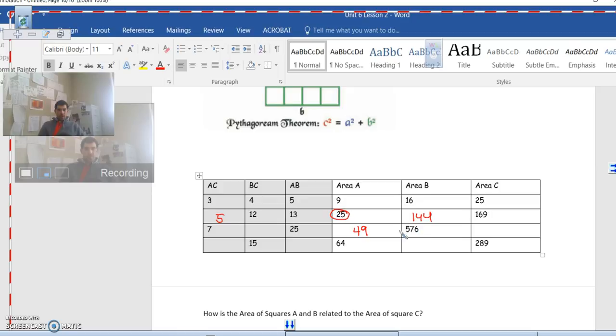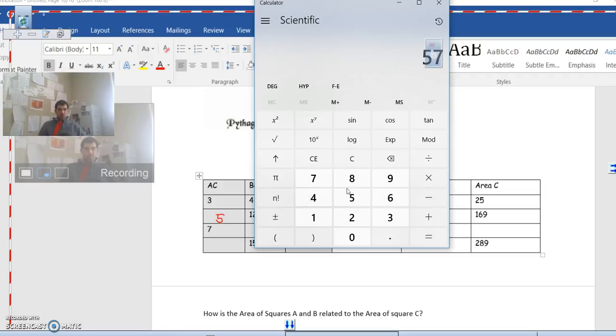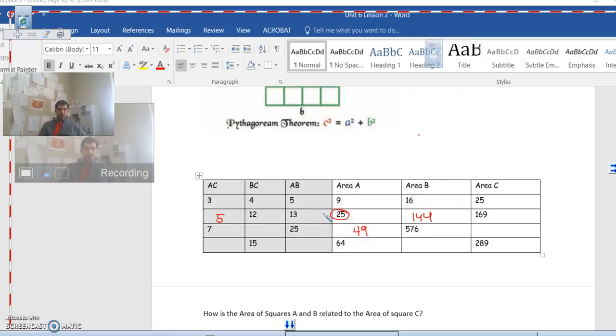If BC has an area of 576 units squared, then we have to find the square root of that to find out the side length, which is 24.